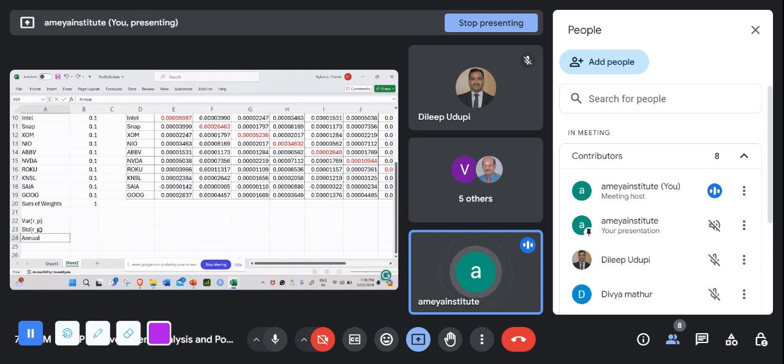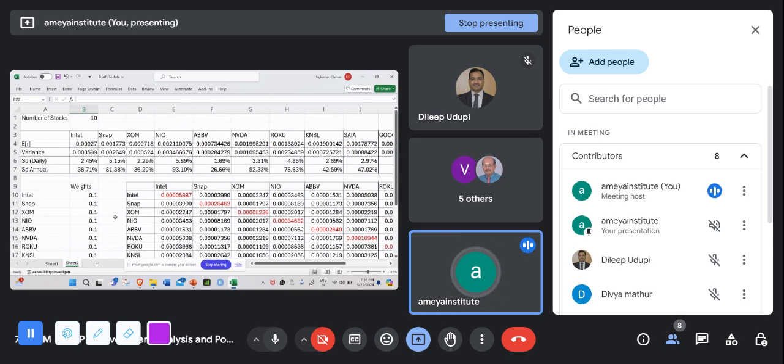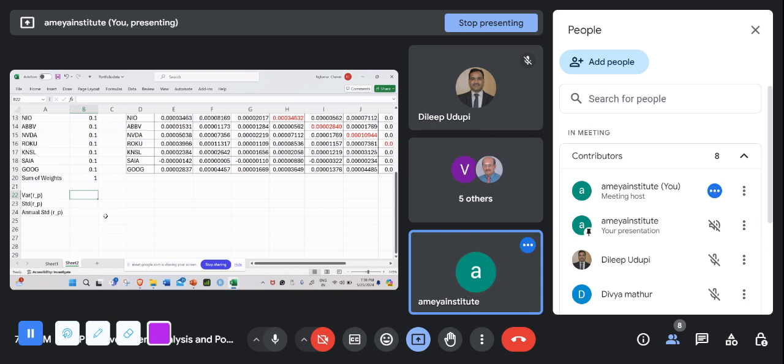Then we can convert into annual standard deviation of portfolio, R underscore P. Done. Shall we start now to calculate variance of portfolio?